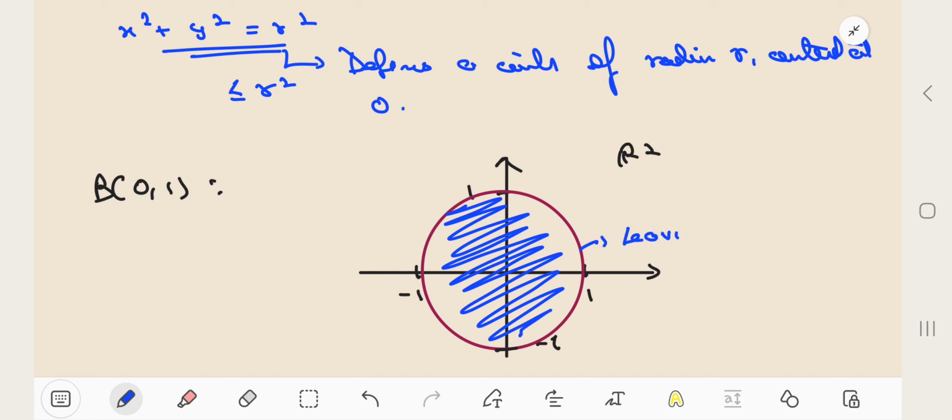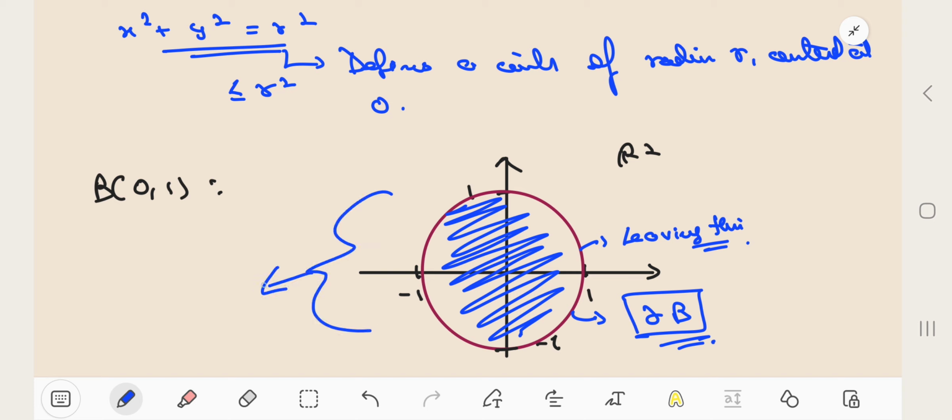This is what we call an open disk, and this boundary, which is the circle, is exactly the boundary of B. If I involve both of these, I get the whole circle along with everything inside, which is what we typically call the closed disk. You can think of this definition of a closed ball as just a generalization of this closed disk. So we have set the notation for the closed disk to be B_r(x).